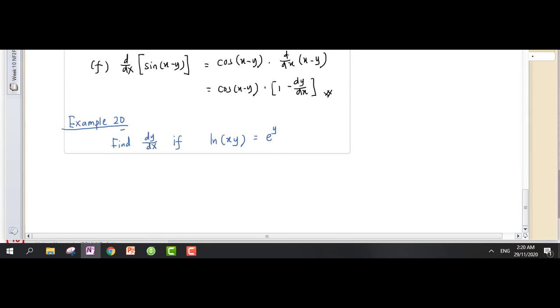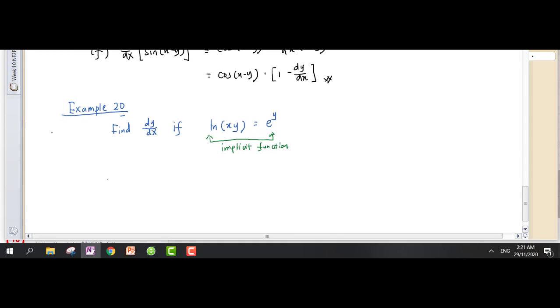This is what we say is an implicit function. Even though the question didn't mention solving by using implicit differentiation, we know that we are unable to express y as the subject from here.